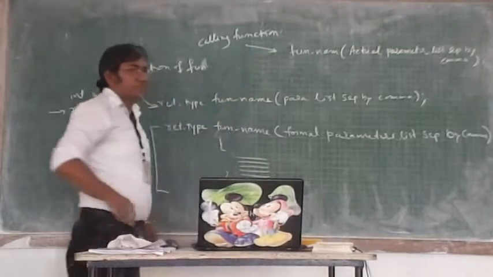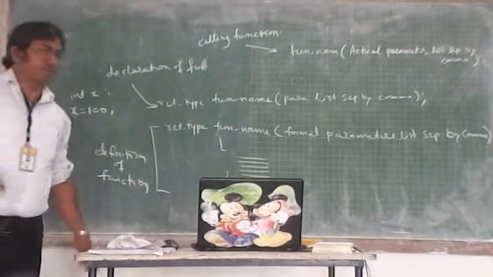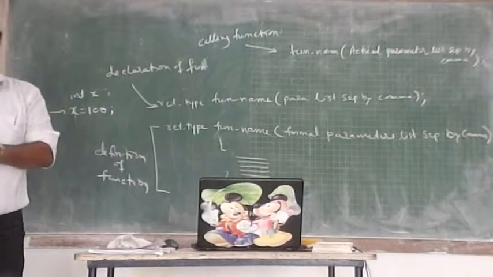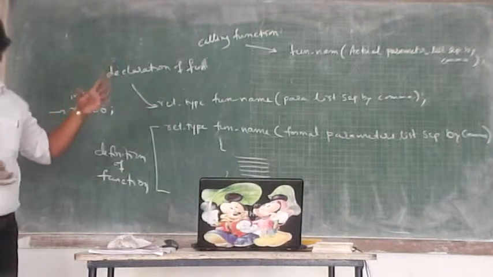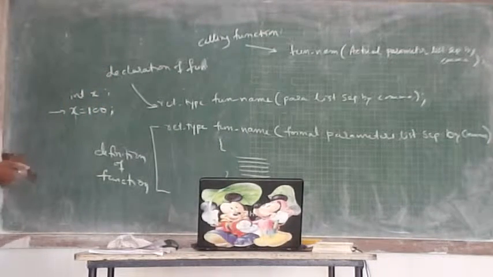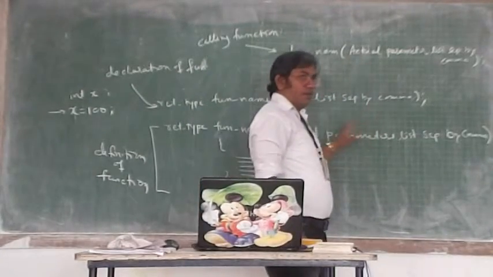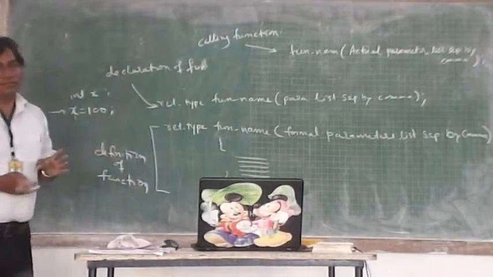You need to remember this. Here you can clearly see that the terms formal parameters and actual parameters came into the picture. In the previous discussion where we discussed examples, we have not used these terms. So how do we define formal parameter and actual parameters?